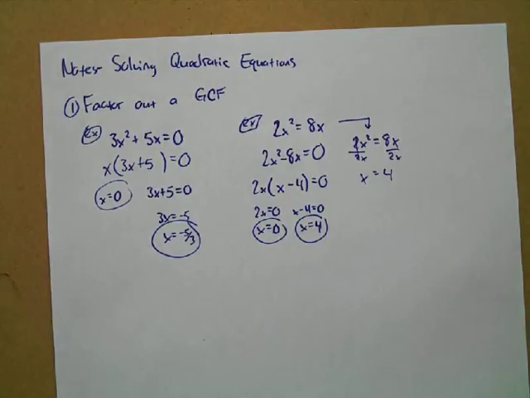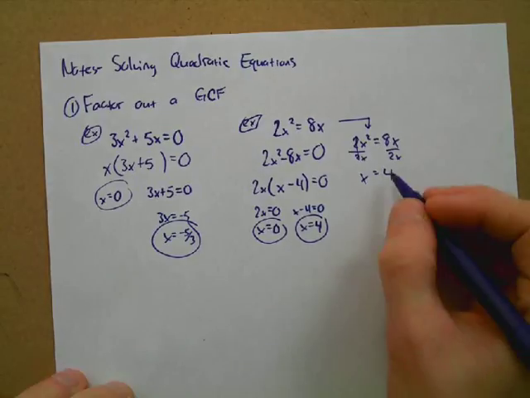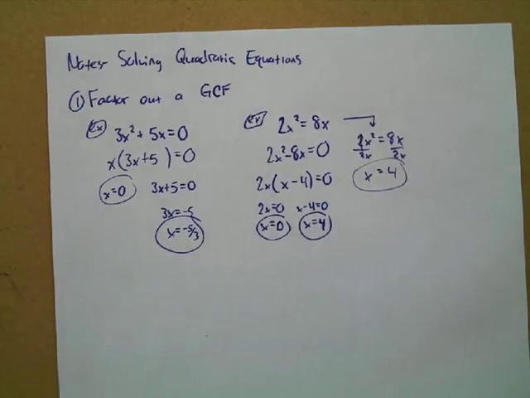We miss that 0. So here's what we want to be careful with, okay? The problem arises because we're dividing both sides by an x. Whenever you divide both sides by x in an equation situation, we don't know what x equals. And in this case, in fact, x equals 0.